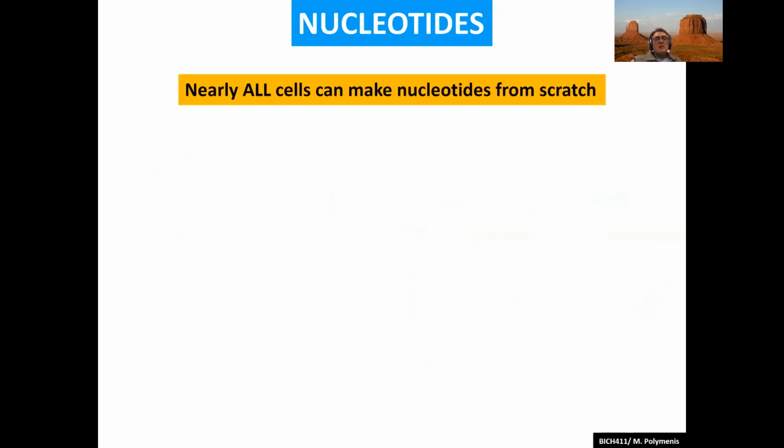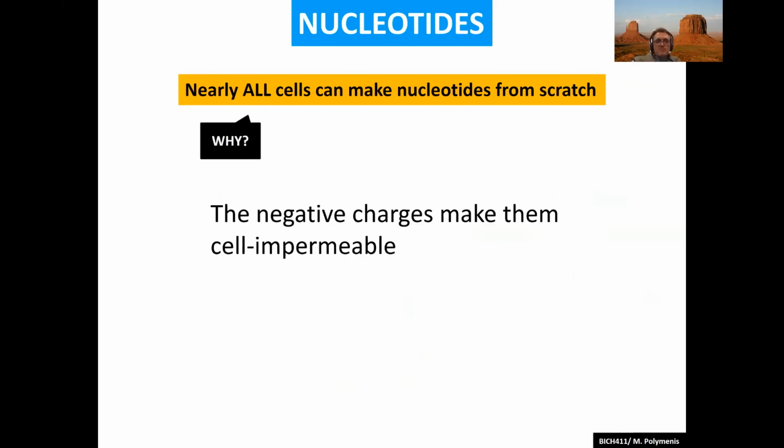As I said in the beginning, all cells have to make nucleotides from scratch. Why is that? Well, I mean, the negative charge, why can't you just eat ATP and be done with it, to cover your energy needs and eat all the others too to make your DNA or RNA? Well, the negative charge makes them impermeable through the plasma membrane. So no matter what you do, you won't be able to absorb them.